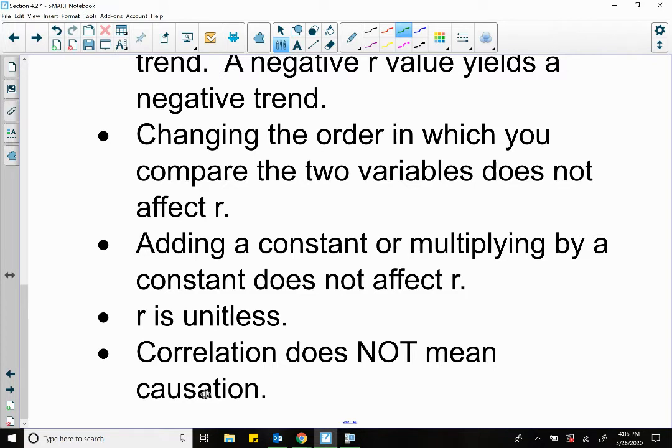No. That's kind of like a stereotype. Stereotypes aren't necessarily true. So just because they see a correlation between the number of liquor stores and high crime rates doesn't mean that just because I have lots of liquor stores, I'm guaranteed to have high crime rates. Okay? Correlation does not mean causation. All right.